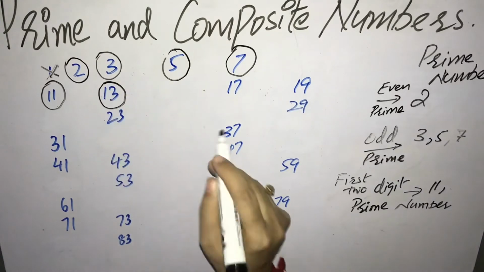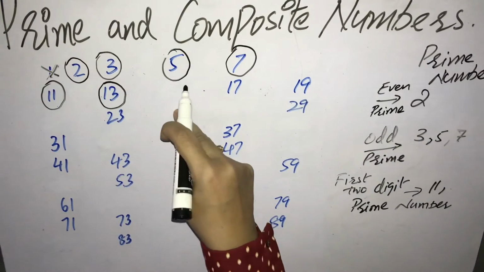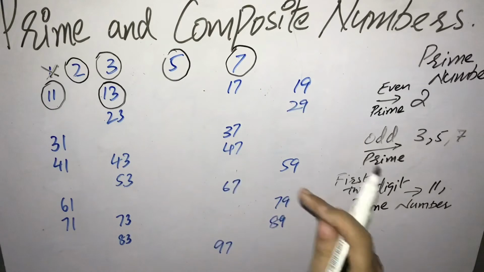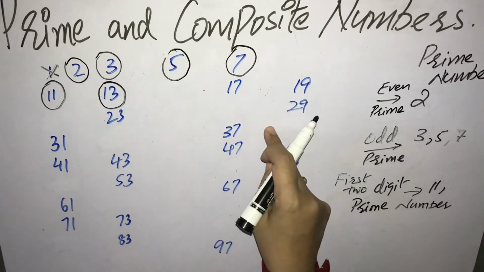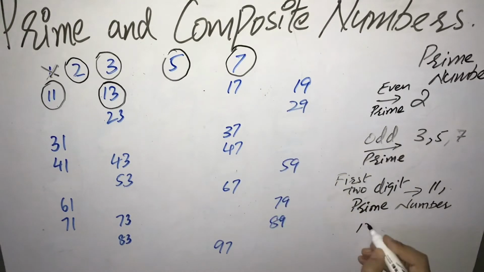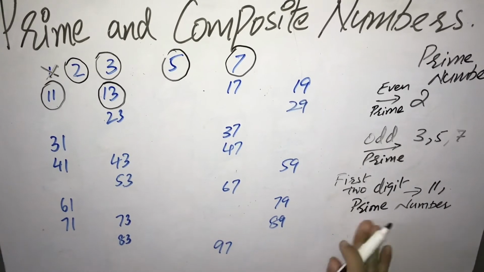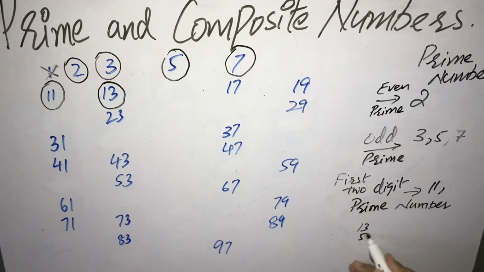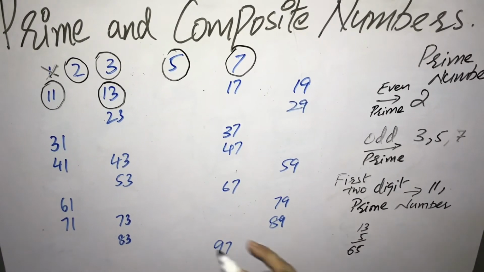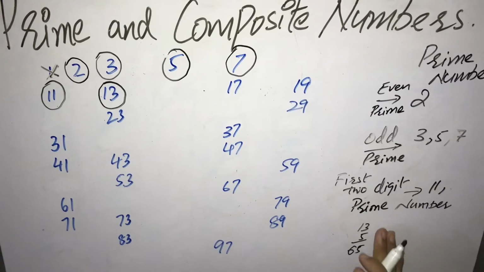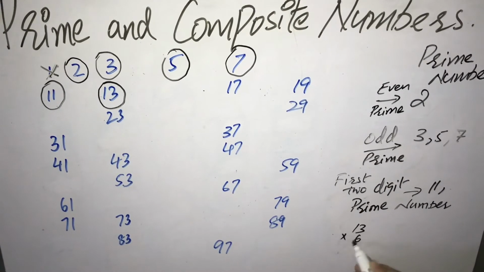13 2s are 26, erased. 26 is a multiple of 2. 13 3s are 39, erased. 13 4s are 52, erased, even number. 13 5s are 65, erased, as it is a multiple of 5 also. 13 6s are 78, I guess.